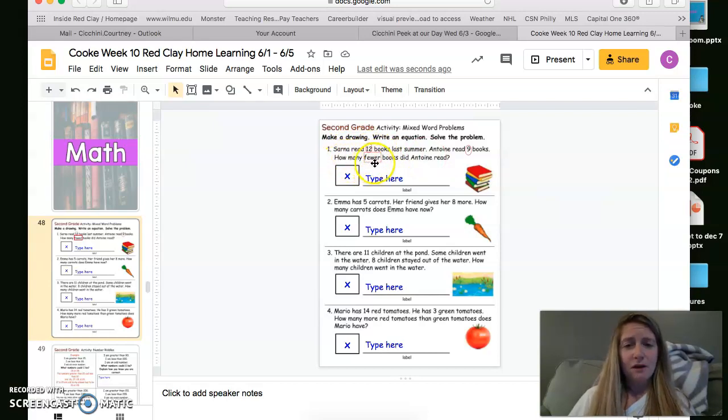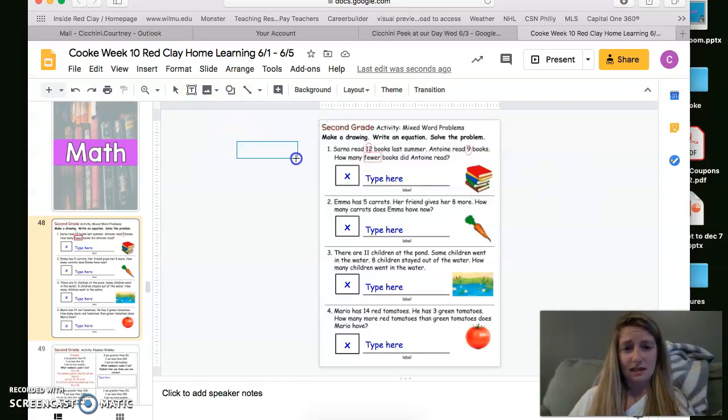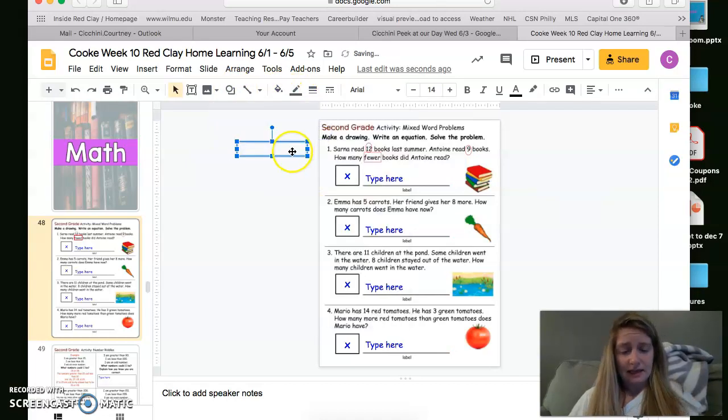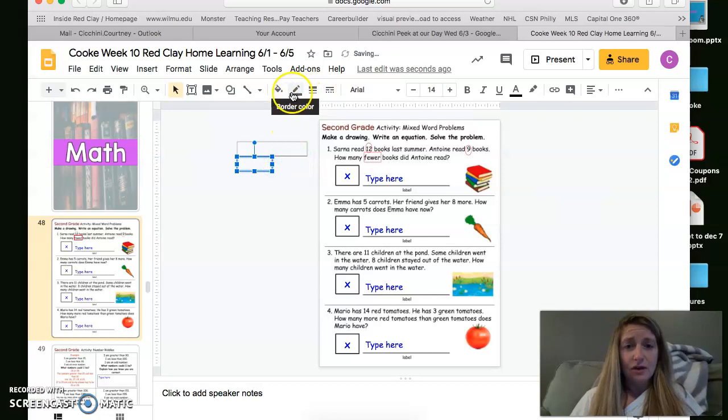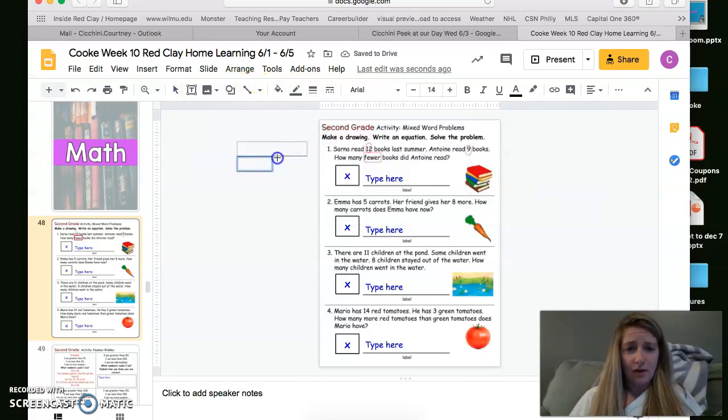How many fewer books did Antoine read? I'm going to solve this by using comparison bars, because I see that there are two numbers and I see the word fewer, more. And I see that they're comparing. They're talking about two different people and comparing what they have.